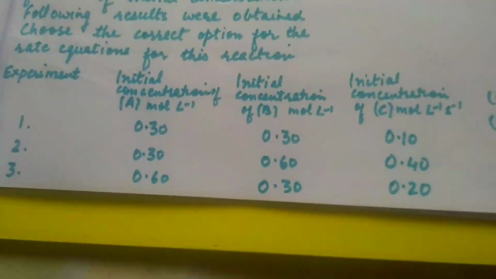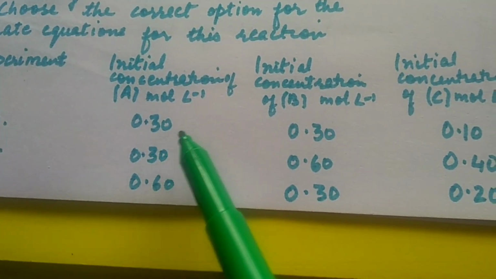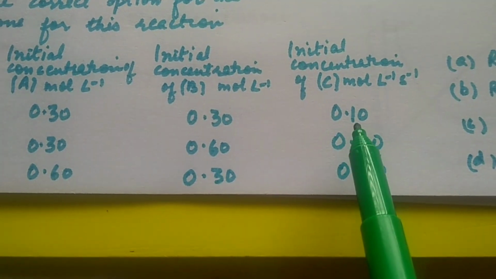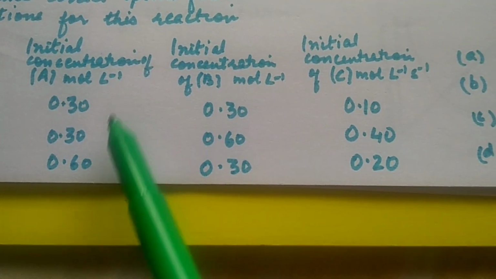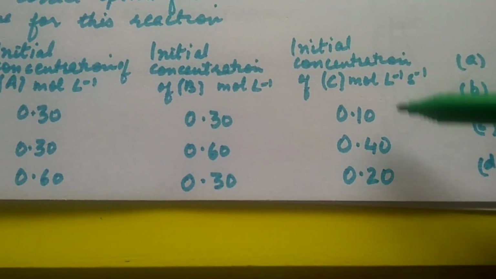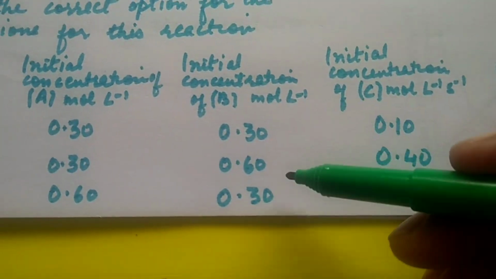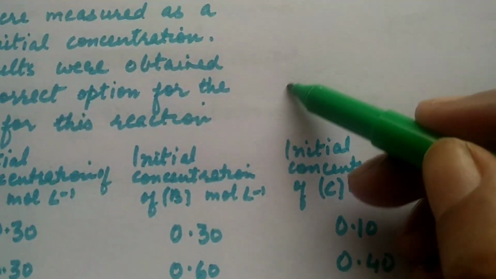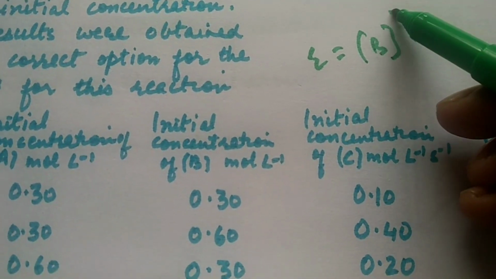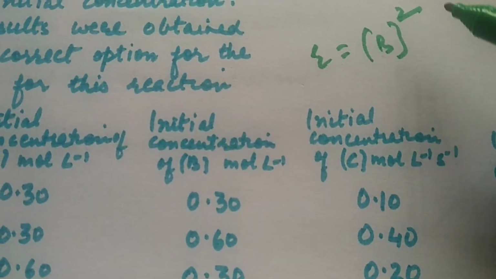From this data, let us find out the rate equation. When A is 0.30 and B is 0.30, the product formed is 0.10. When A is kept constant and B is doubled, the rate is quadrupled, 4 times. So with respect to B, the rate is proportional to the concentration of B raised to power 2, because when B is doubled, the rate becomes 4 times.